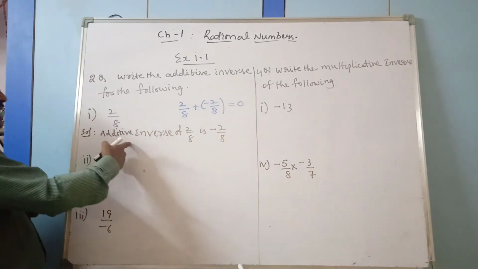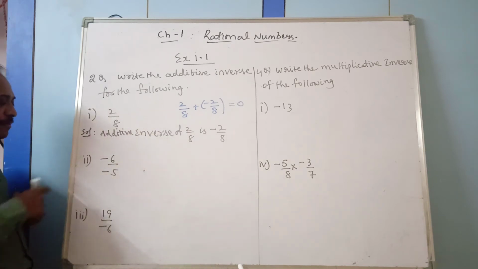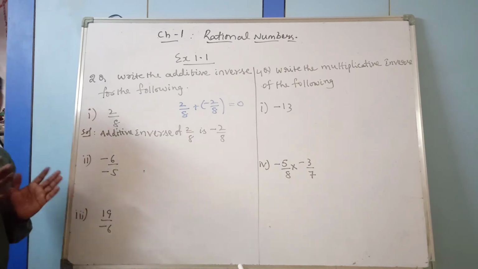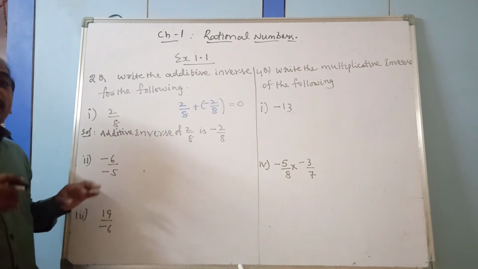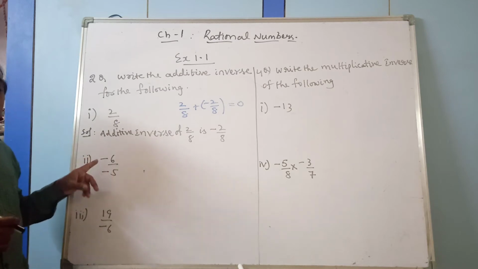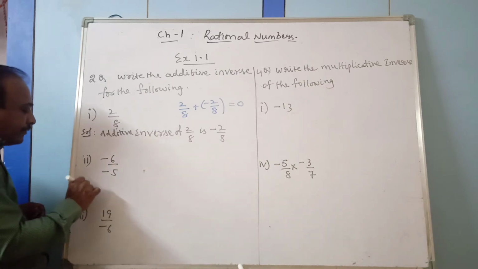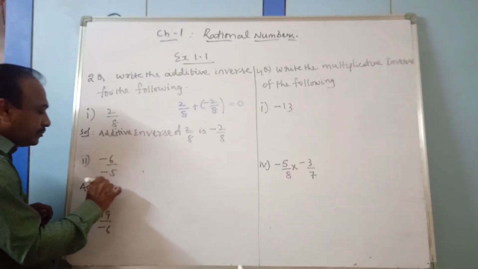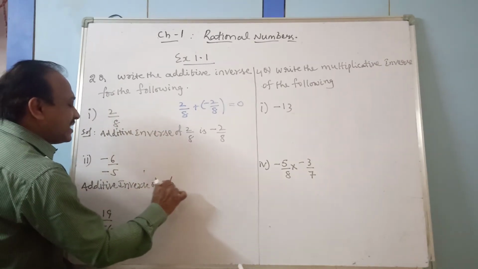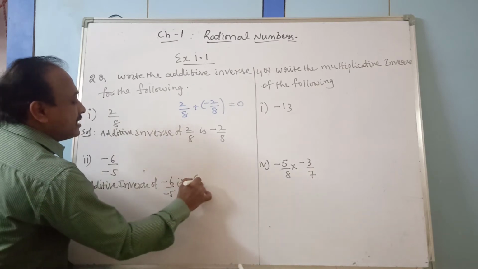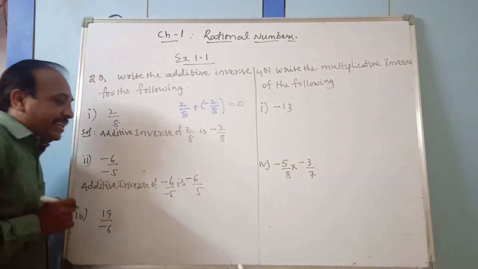Now you see the next question: minus 6 by minus 5. Both being negative indicates that both numerator and denominator are negative numbers, so it becomes positive. So the additive inverse of minus 6 by minus 5 is minus 6 by 5.